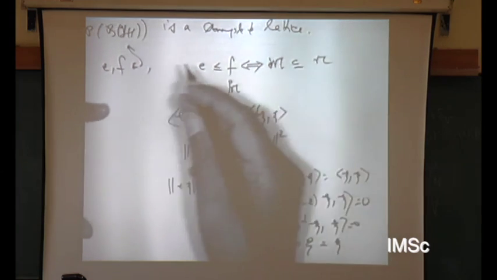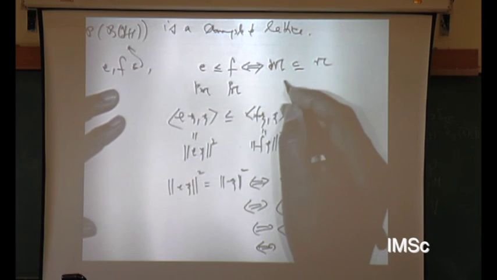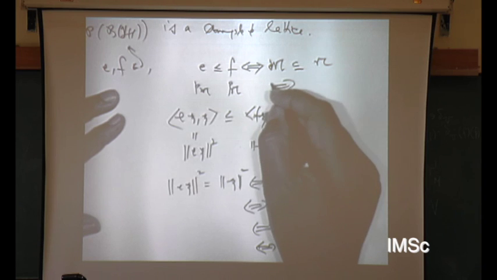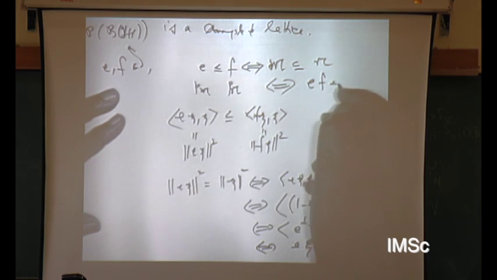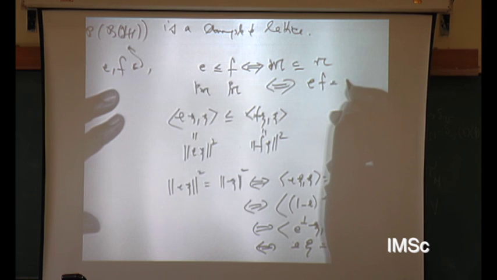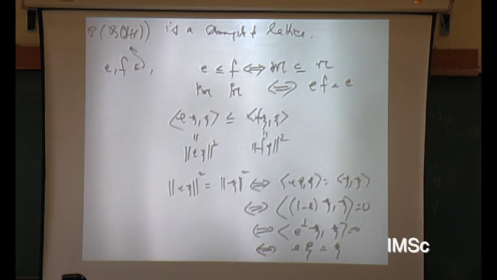And this is the same as saying EF equal to E. If you first project onto the bigger space and then project onto the smaller space, that is the same as projecting straightway down to the smaller space.